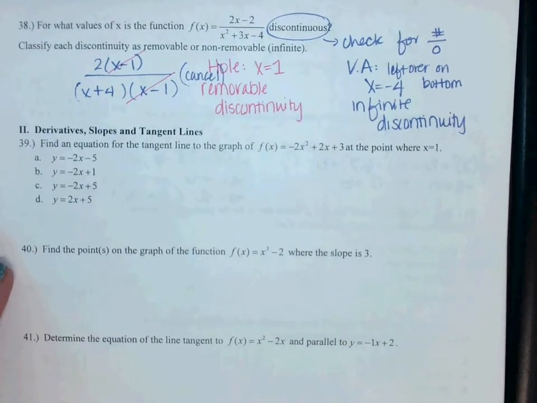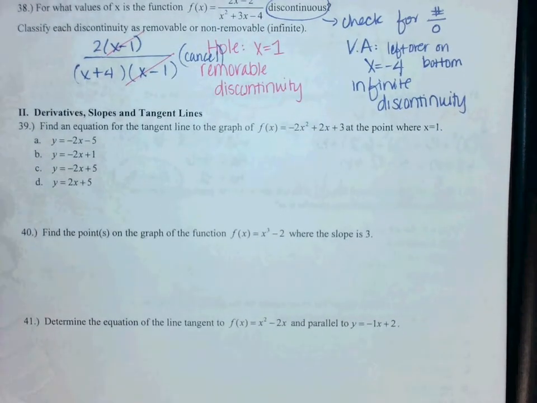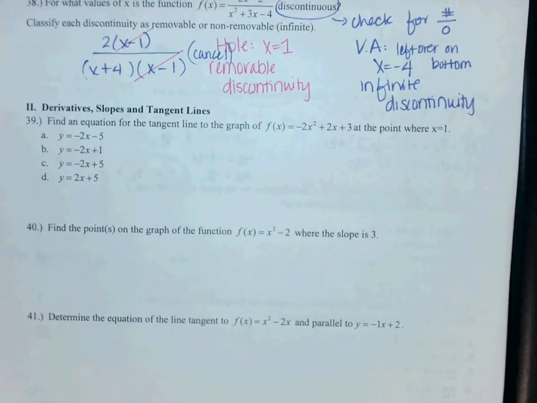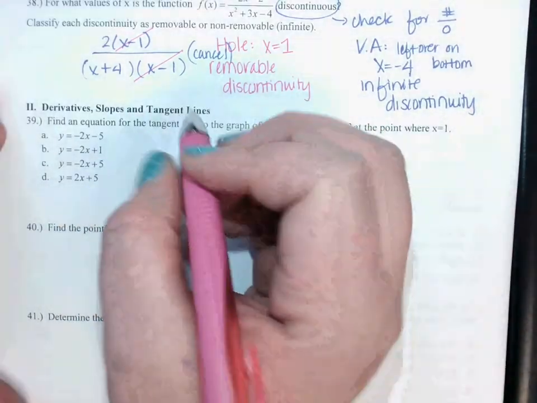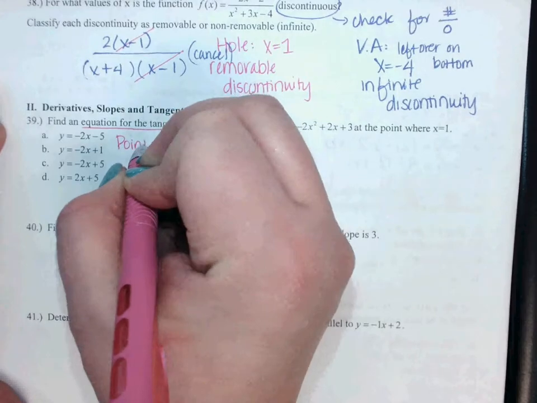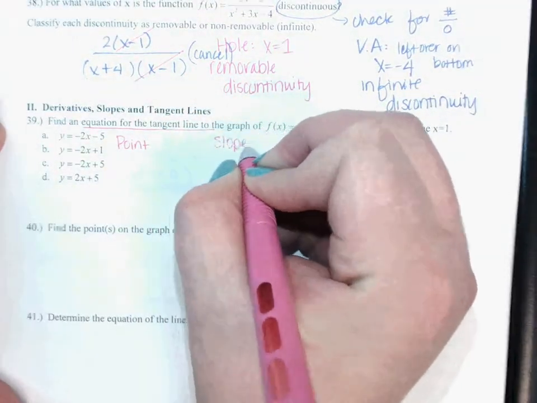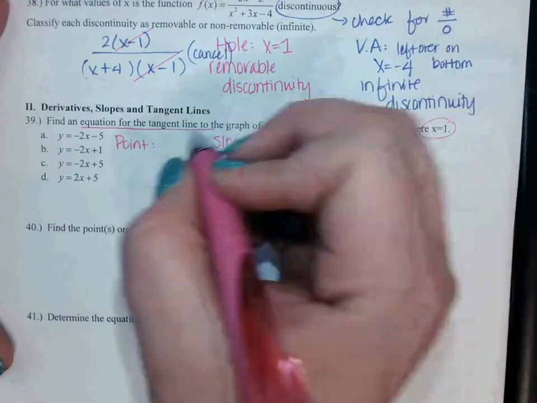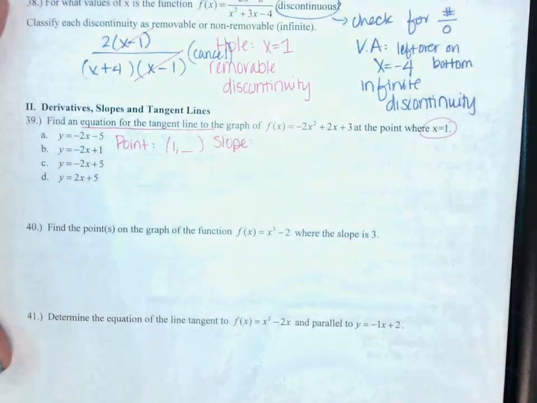Alright, let's do number 39. What do I need? Hannah, tell me. Very good. For an equation of a tangent line, I need a point and I need a slope. How do I find the point? Plug 1, which is my x value, into the original.